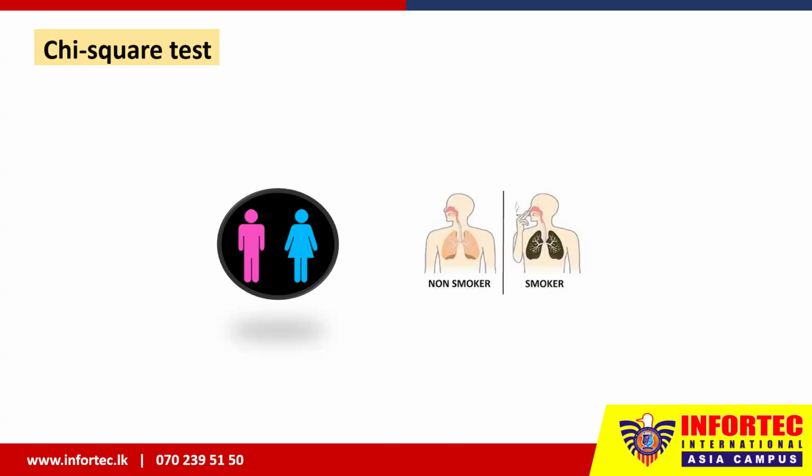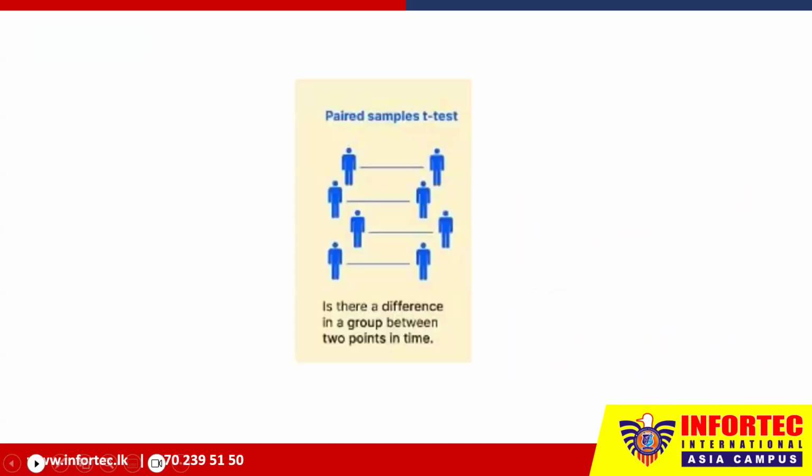The chi-square test is used to identify whether there is any association between two categorical variables. That's the main purpose of conducting chi-square. Other tests I also just explained.